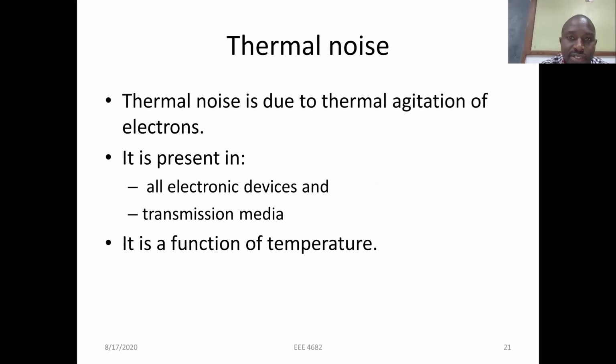The other type of internal noise is thermal noise. This is noise due to thermal agitation of electrons. This type of noise is present in almost all electronic devices and transmission media. It is a function of temperature, among other things. It is also a function of resistance, temperature, as well as bandwidth.